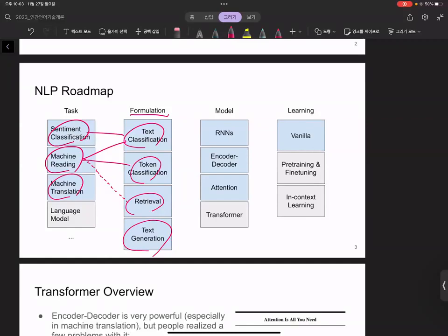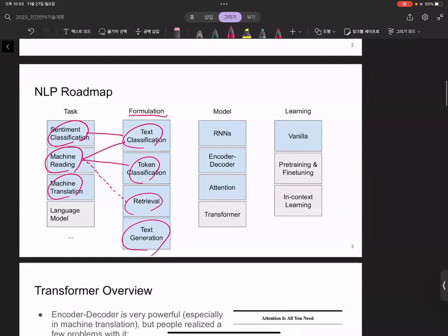So we have to perform retrieval to narrow down the documents of our interest. And machine translation is basically text generation, because we have to generate a sentence in another language.